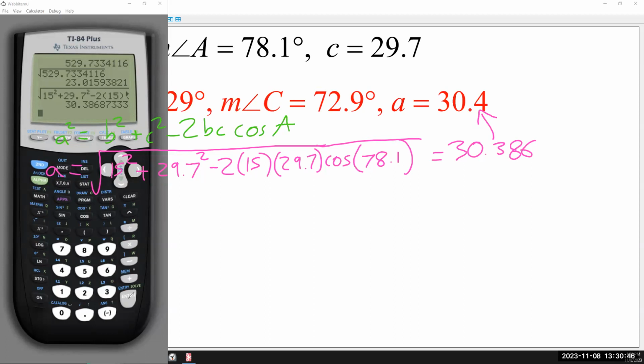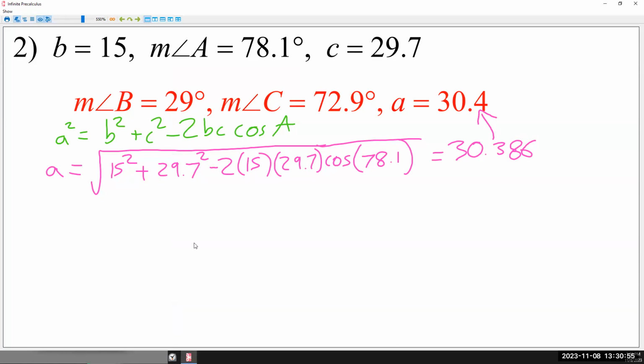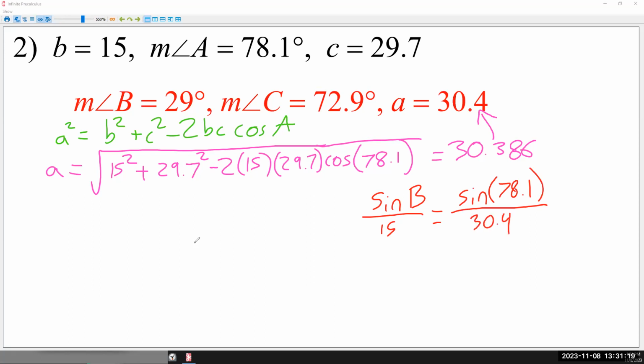From there, I need to plug into my law of sines. And I need to use the smaller of the two sides. The smaller side is B, so I'm going to plug into B. Sine of B over 15 equals sine of 78.1 over that.